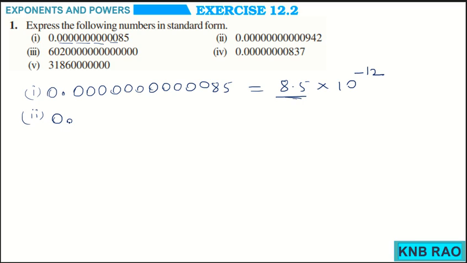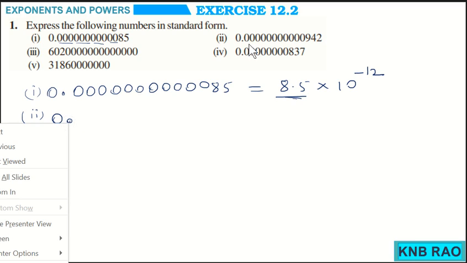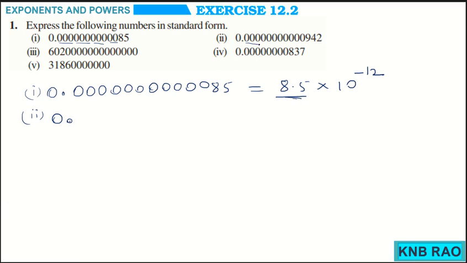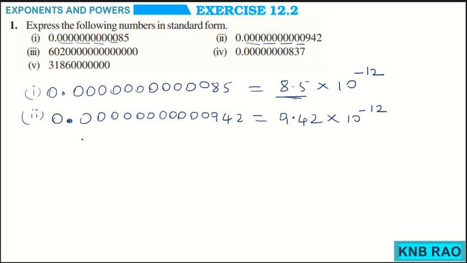Here after the decimal point, I have 3, 6, 9 and 2 more. That means again after the decimal point we have 11 zeros, then 9, 4, 2. So this becomes 9.42 into 10 to the power minus 12 only.